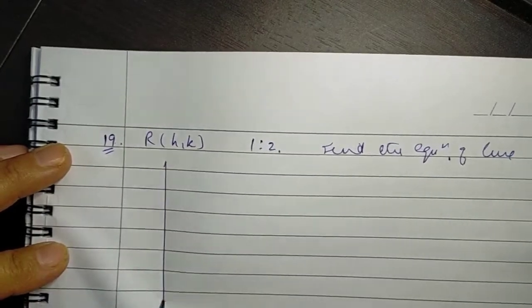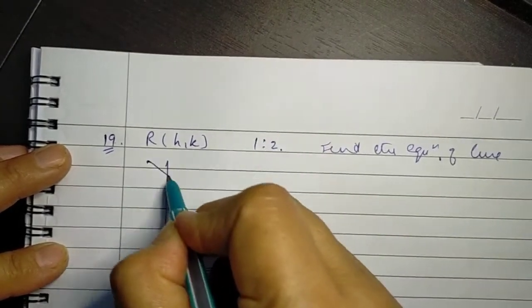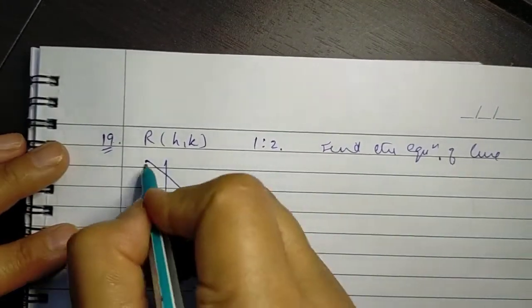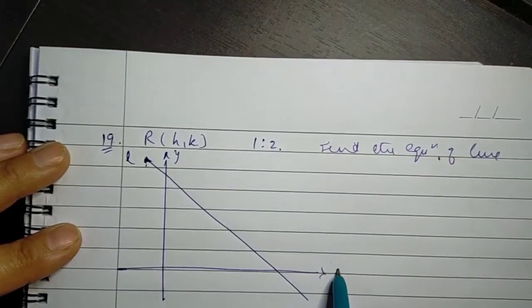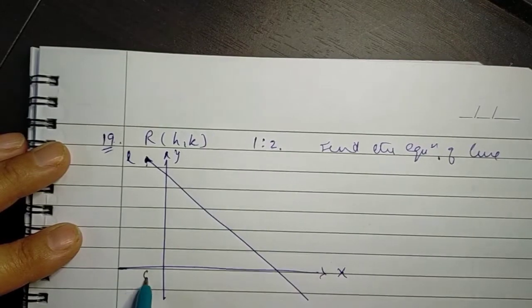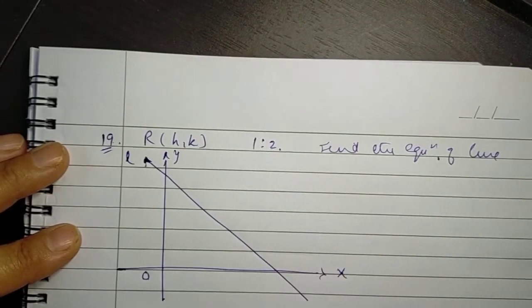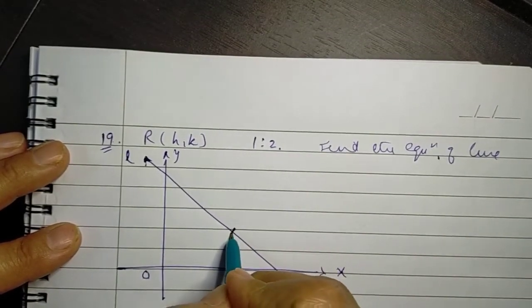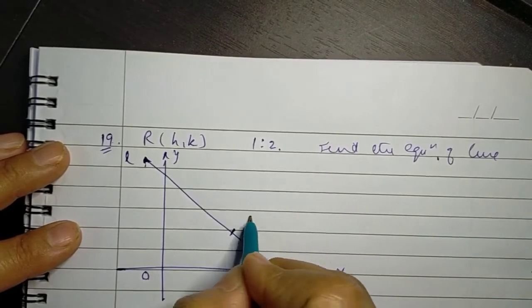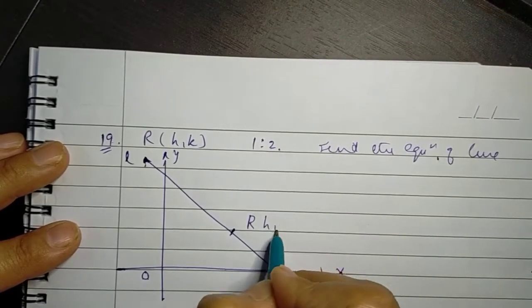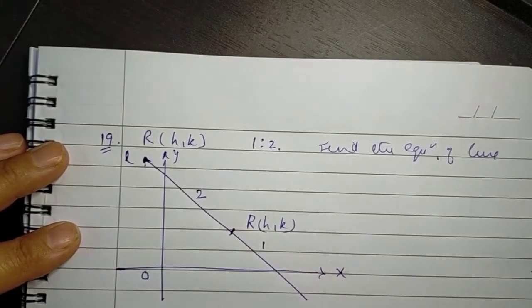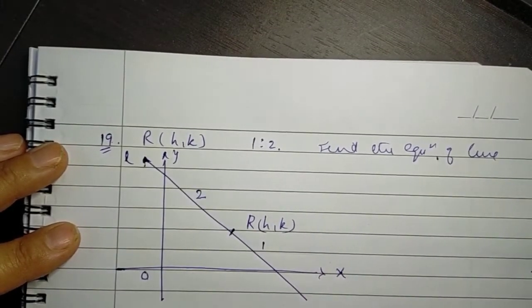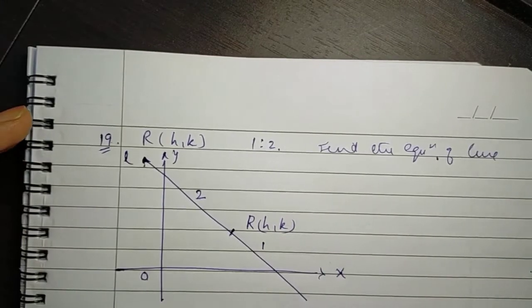Okay, so again we draw a rough sketch. We draw this line L, and this is the y-axis, this is the x-axis, this is the origin. Let's take any point R(h, k). This divides in the ratio 1:2. We are required to find the equation of the line.